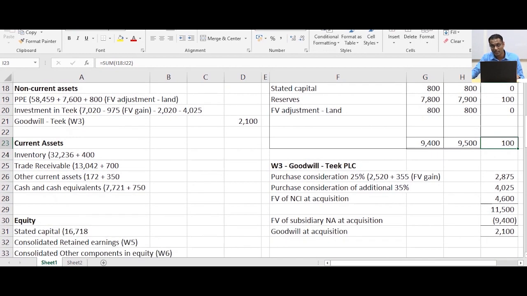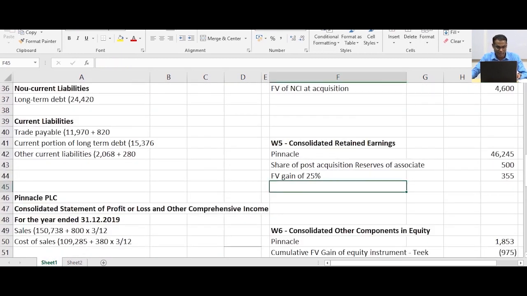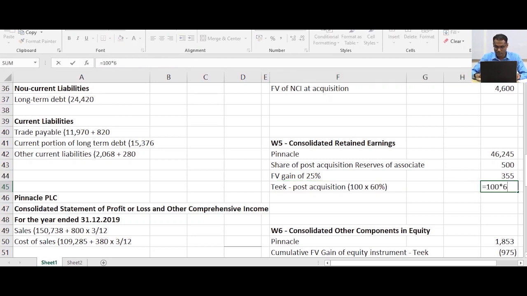The parent's 60% you take to where? Consolidated retained earnings. With regard to Teak post acquisition, how much? 100 into 60%. Why 60%? 25 plus 35, altogether 60%. So 100 into 60%.